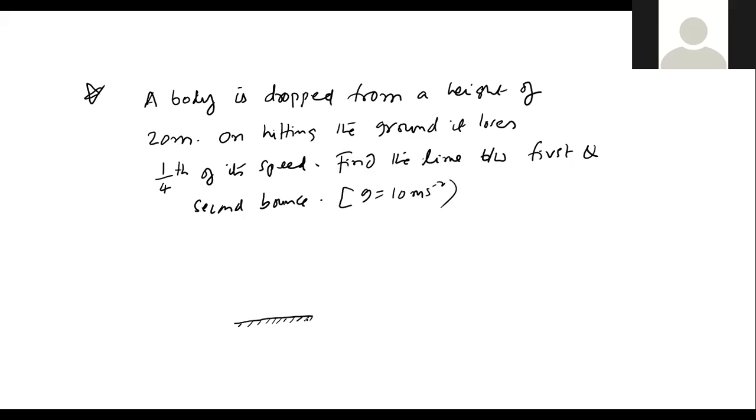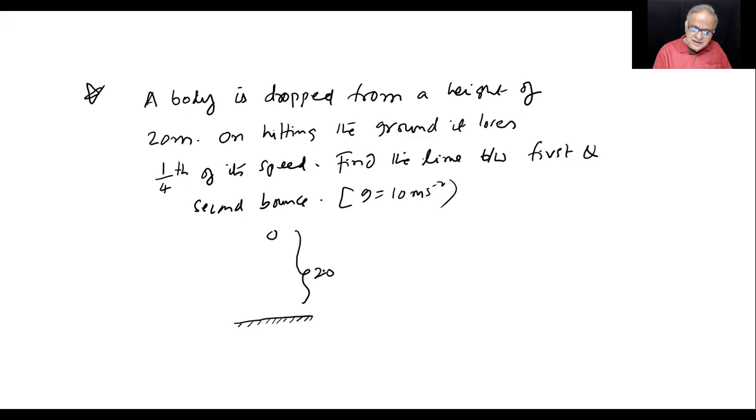Yes, sir. Can I? Yeah, why not? So it's given the distance is 20 meters. Therefore, we can directly write S is equal to ut plus half gt square. Since u is 0, we can find that the time is 2 seconds. Why time? You get velocity straight away, no? If you apply v square minus u square equals 2as, because it loses a fourth of the speed, I want speed here.